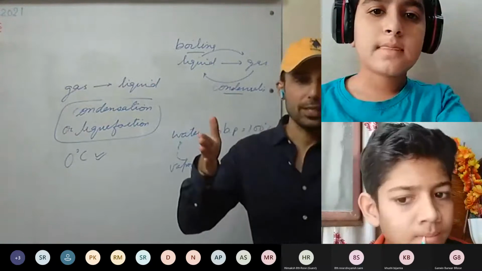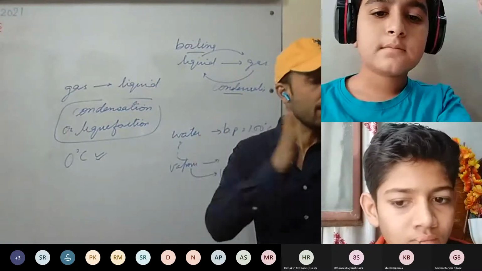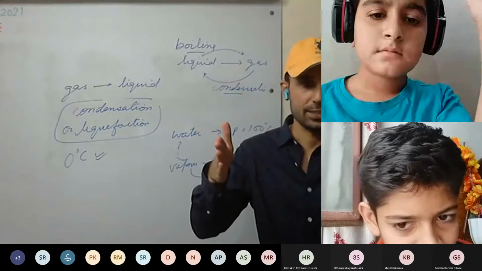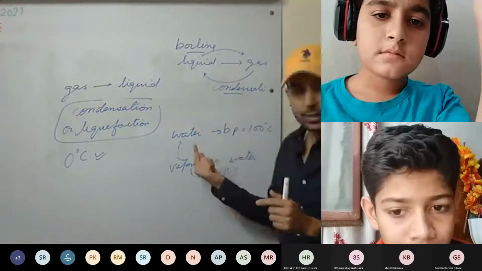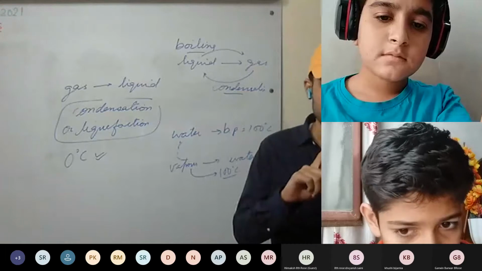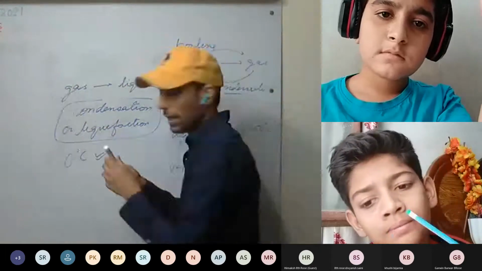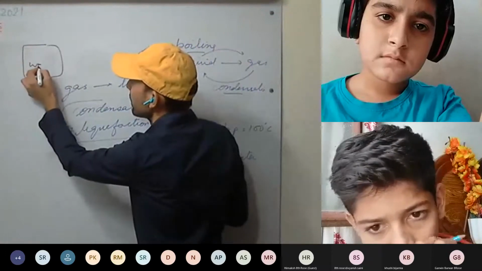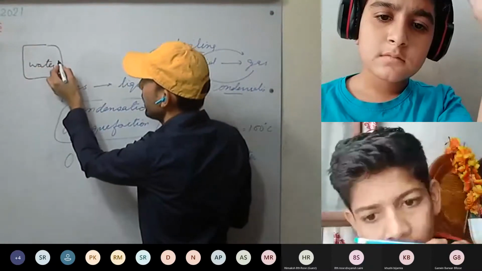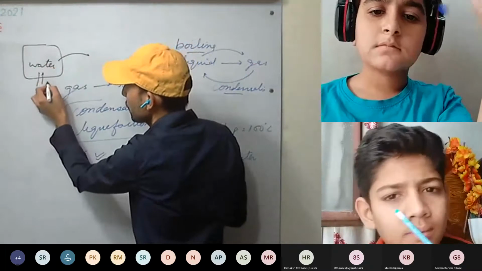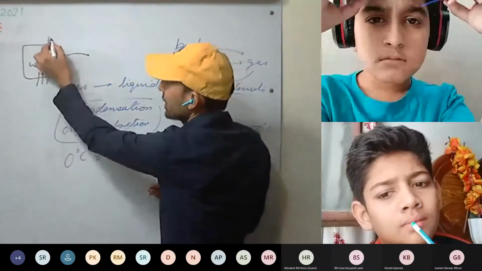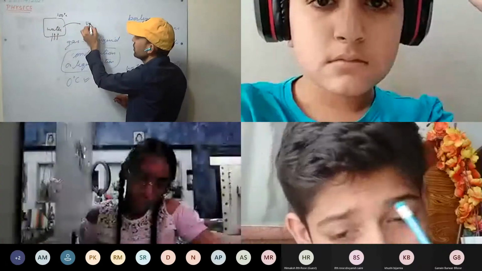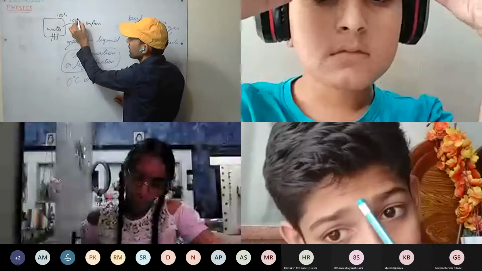So water boils into vapor at 100 degrees Celsius, and vapor condenses to water at 100 degrees Celsius. So what was the difference? Difference of latent heat. Listen again. If we are having water, if we supply heat equal to latent heat at 100 degrees Celsius, it will be converted into vapor at 100 degrees Celsius.